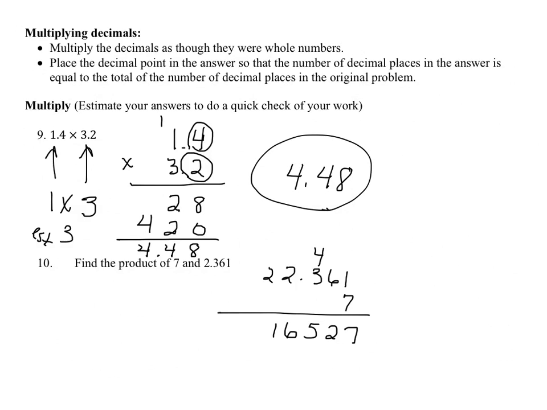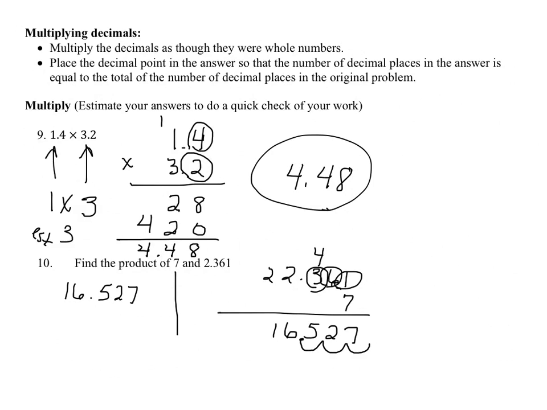And then I'm going to count the total number of digits to the right of the decimal point. 1, 2, 3. And I move my decimal point to the left. 1, 2, 3. So my exact answer is 16 and 527 thousandths.